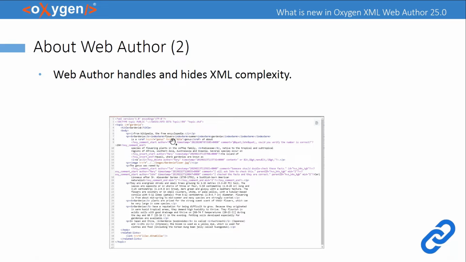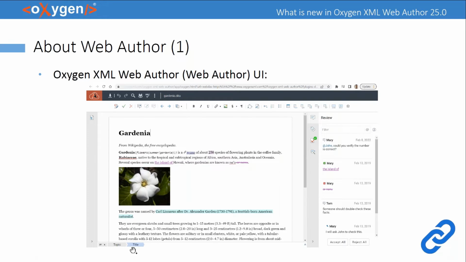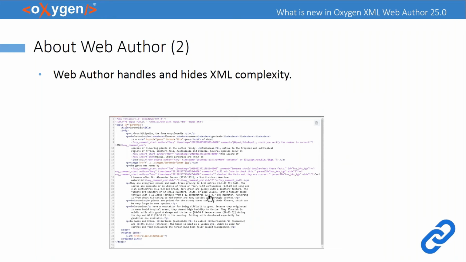So you don't have to think about closing a tag from an element. In Web Author, you won't risk having an invalid XML, and it kind of looks better. Okay.